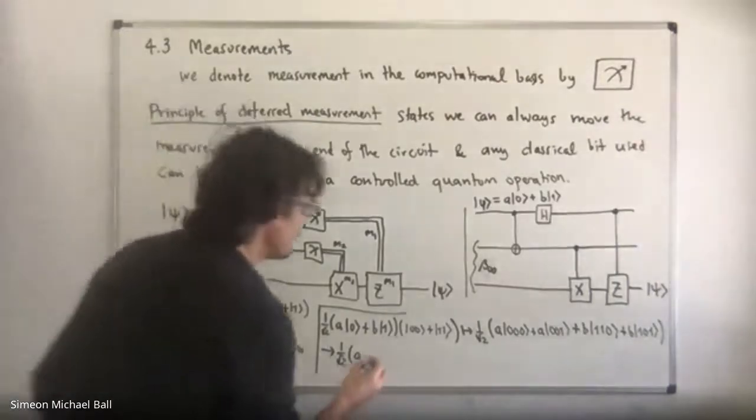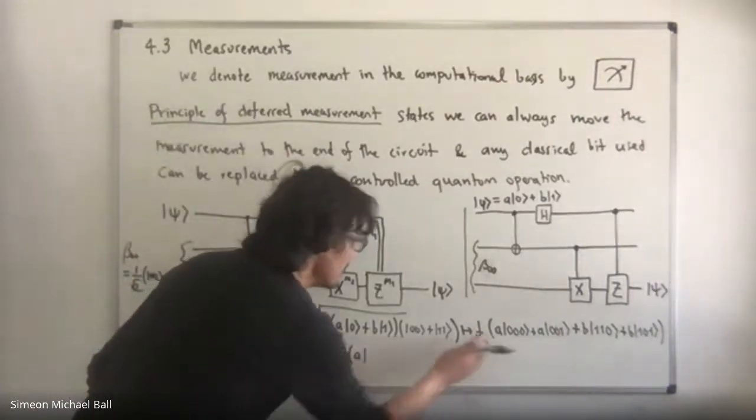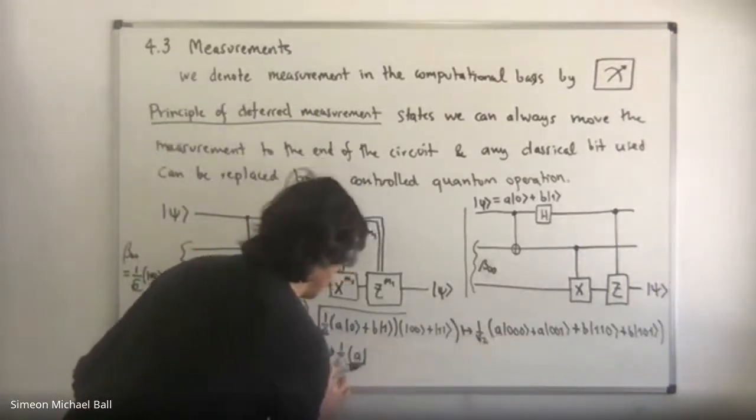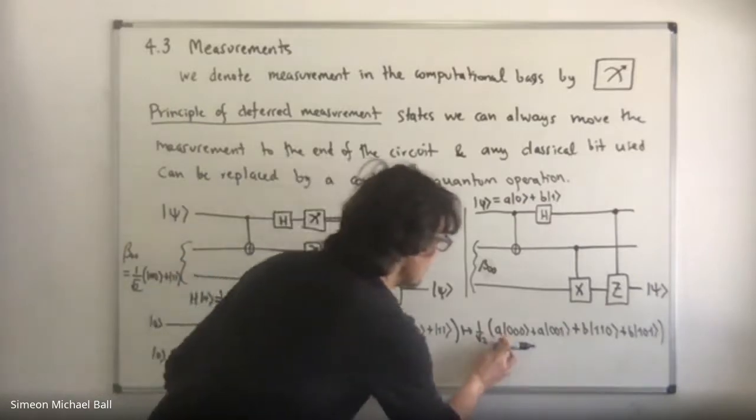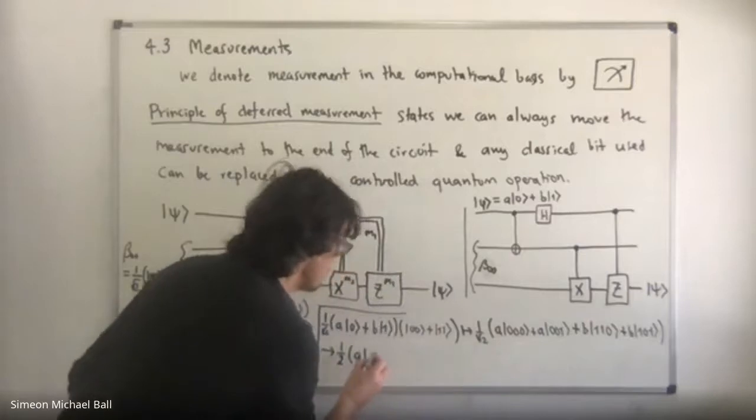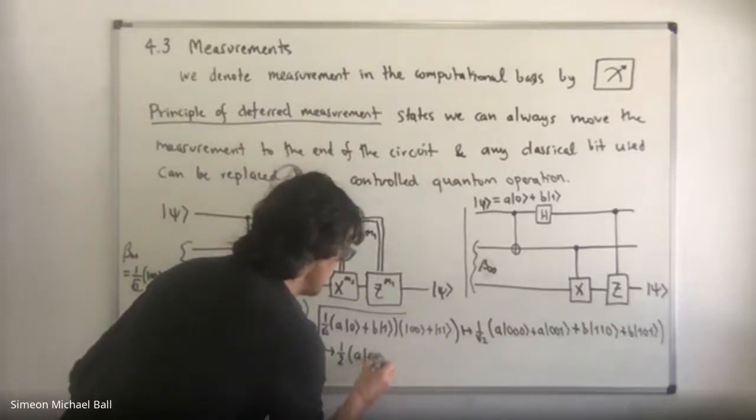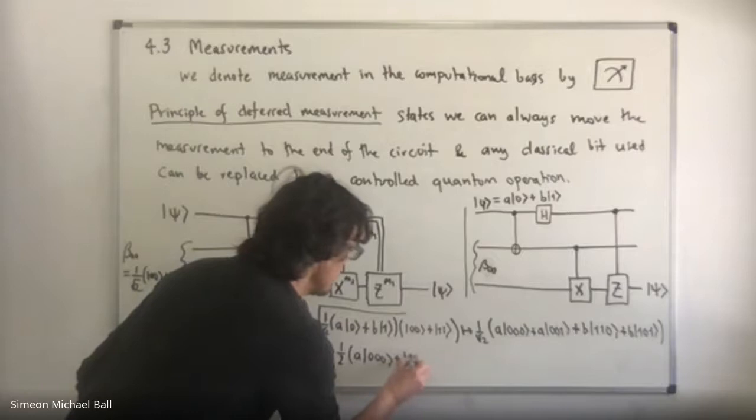Well, let's just go. So this is going to go to, so now we're 1 over 2, because all of these are now going to get root 2's as well. This 0 goes to a plus, so that's going to be 0, 0, 0 plus 1, 0, 0.